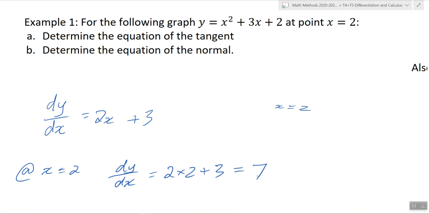So I found my instantaneous rate of change, or the gradient at that point, at x equals 2 on that line. Okay, what was the other thing I needed? So I needed the gradient and I needed a point. So I've already got an x value. How am I going to find the y value at that point? Very good.